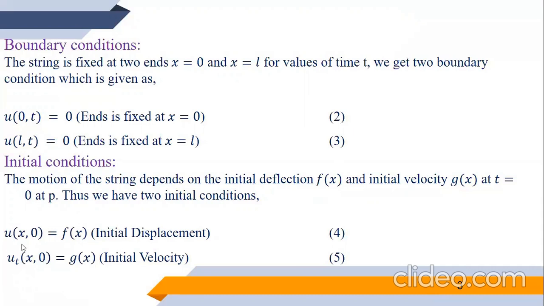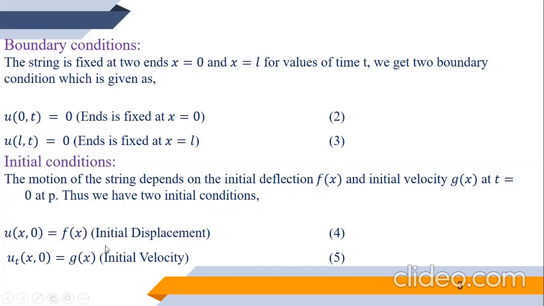One, u(x,0) is f(x), which is called initial displacement, and u_t(x,0) is equal to g(x), which is called initial velocity. So the whole problem is the one dimension wave equation with two boundary conditions and two initial conditions.